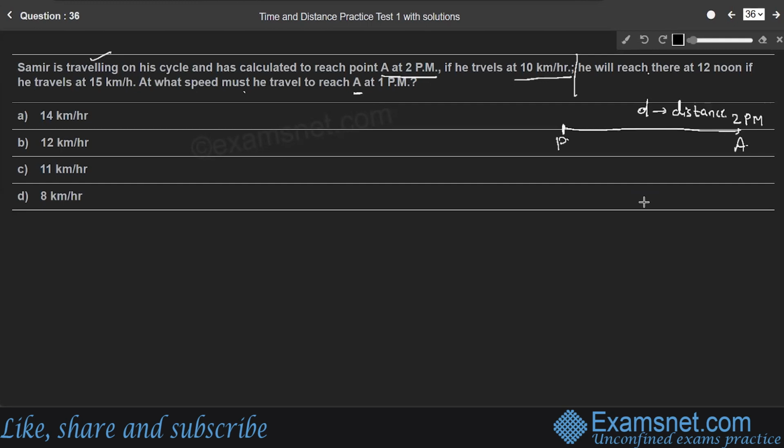If he travels with the speed 10 km per hour, then only he can reach the place A at 2 p.m., right? So he will reach the same place at 12 noon if his speed is 15 km per hour.